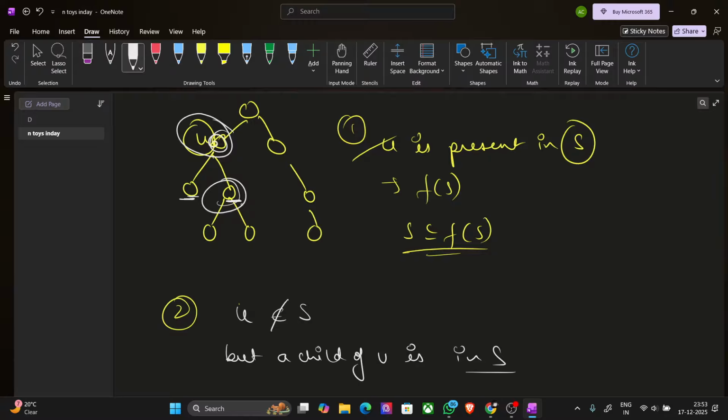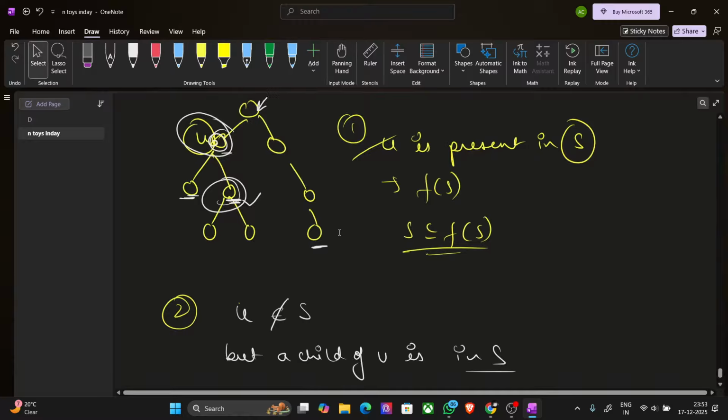But when I take only a single child, the LCA is not U, it is someone else. For example, if I have taken this element with this element, then the LCA will be this particular root. So that's why the root should be present, not U. So this was my second condition.